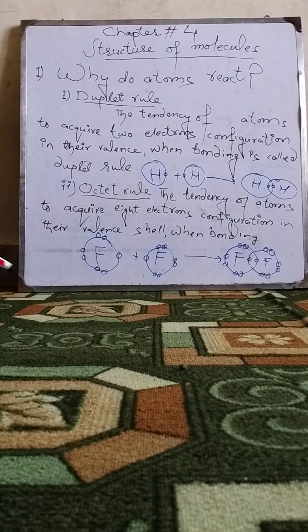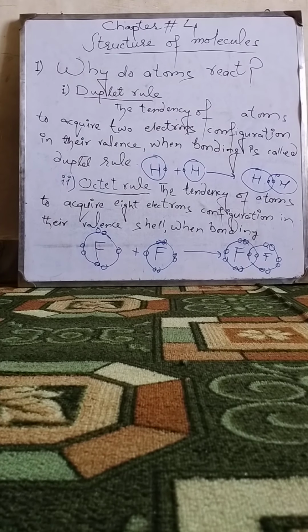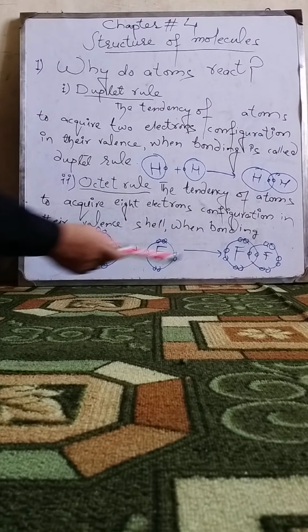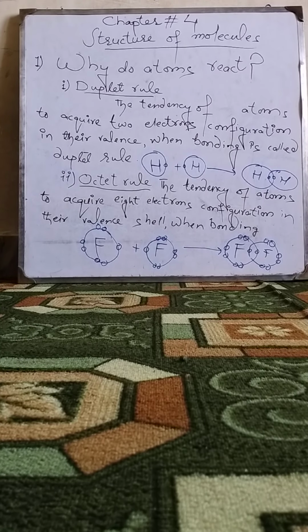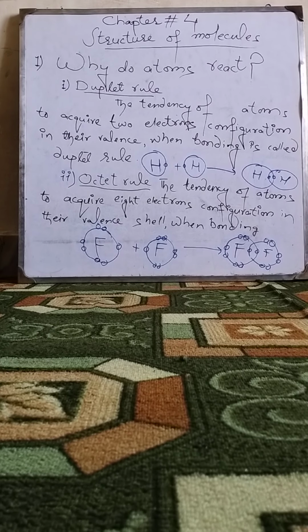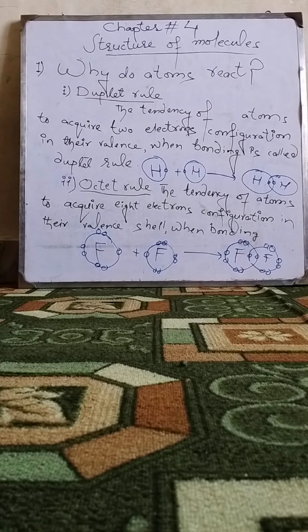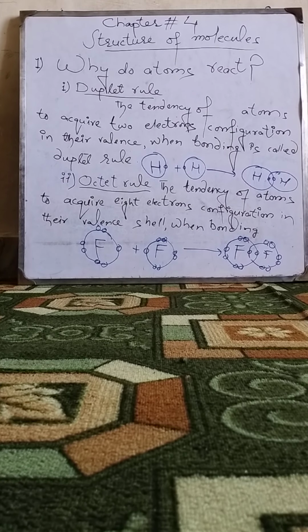Similarly, these 8 electrons can be used by the other fluorine atom. So this fluorine atom has become stable by acquiring 8 electrons in its valence shell, to lower its energy, and to attain the noble gas electronic configuration of neon.